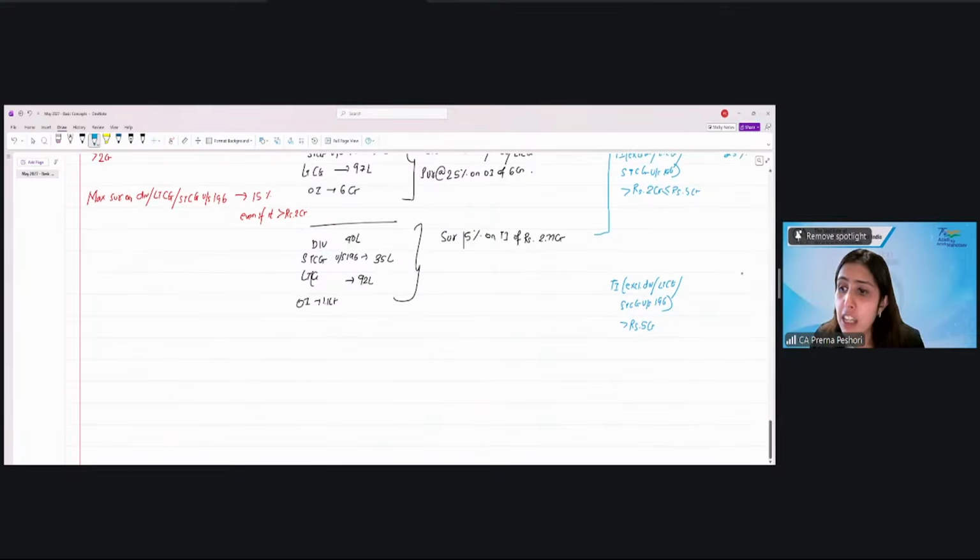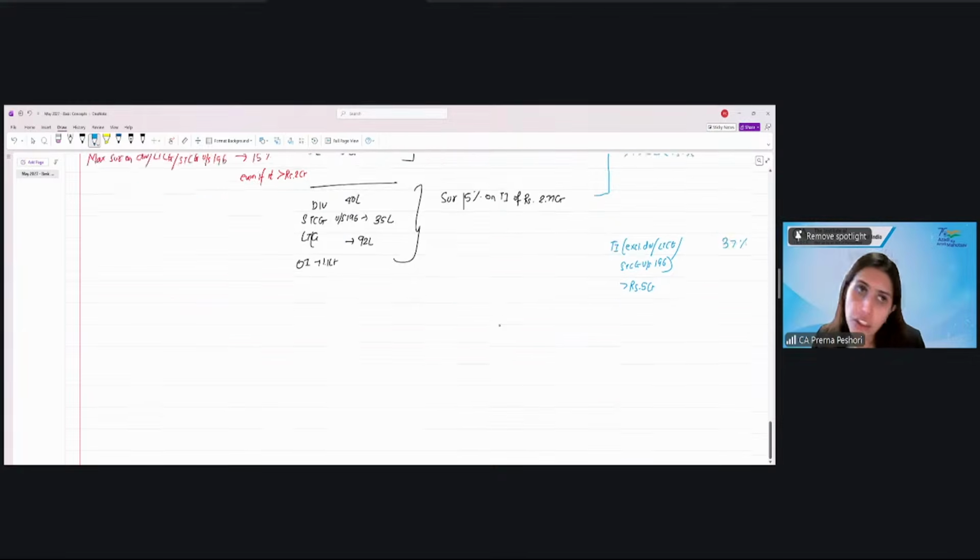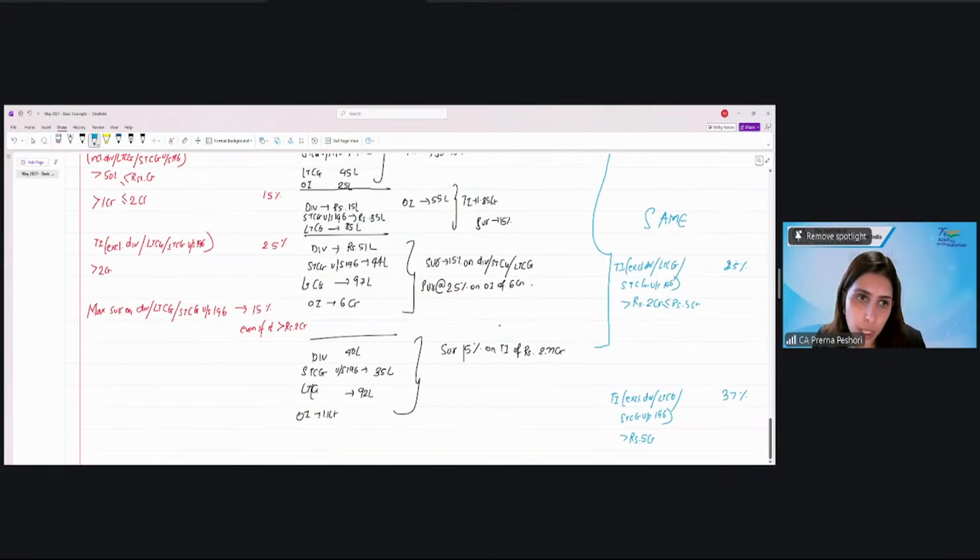But if it is exceeding 5 crore, there is an additional surcharge of 37%. This is not there in the case of the default tax regime. So in the old tax regime, there is an additional surcharge of 37% over the income of 5 crore. But the maximum surcharge on the dividend, LTCG, STCG under 196 is 15% only, even if the income exceeds 5 crore. Are we getting this particular point?